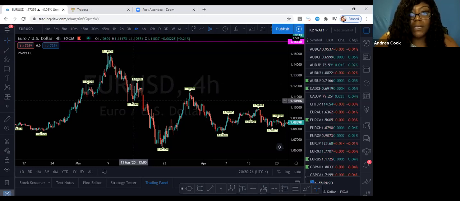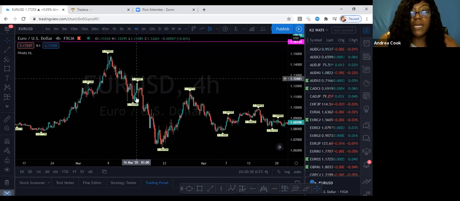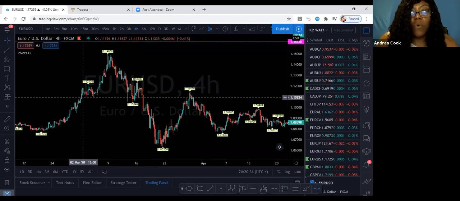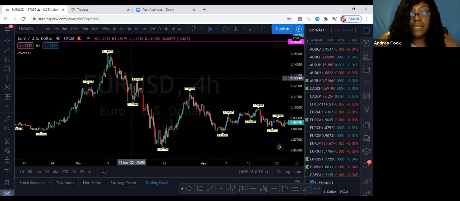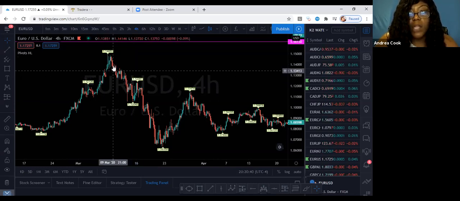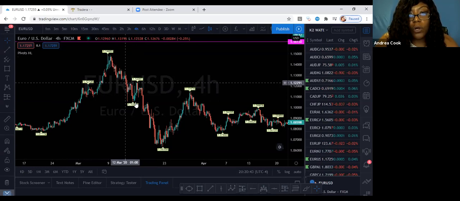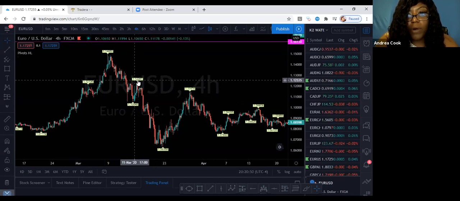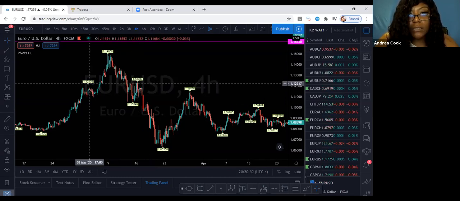No, lower. It's making lower lows starting here. So as it's coming down, it's going to be making lower lows and lower highs. So this right here was a higher high because this price is higher than this price.